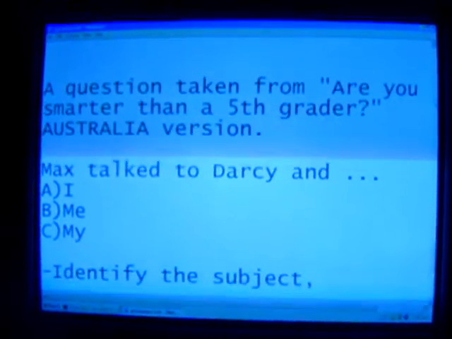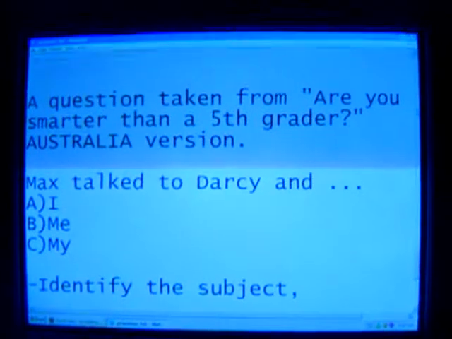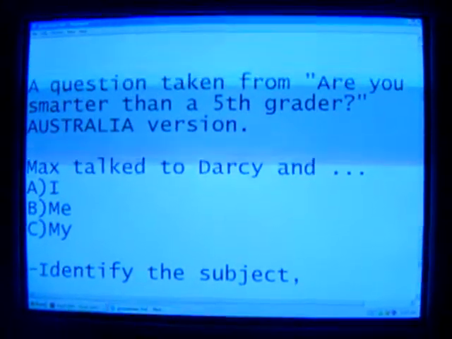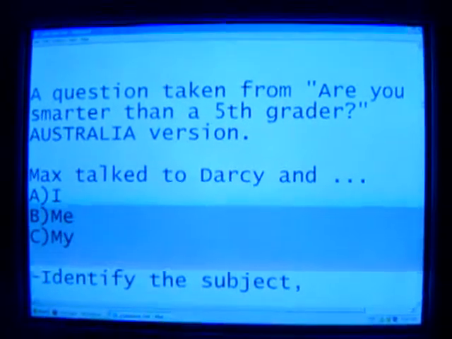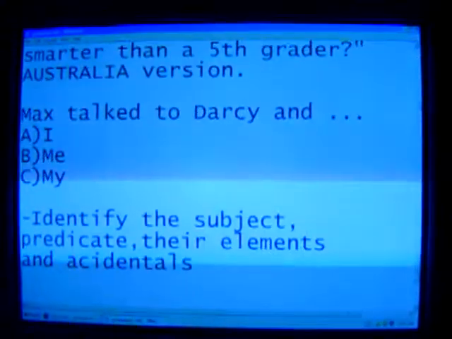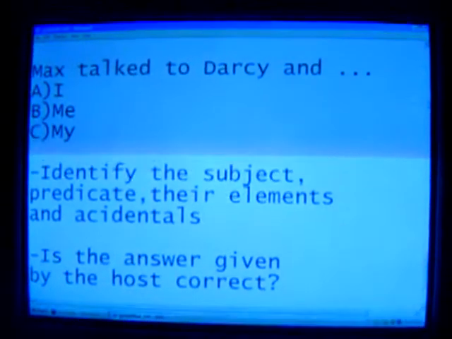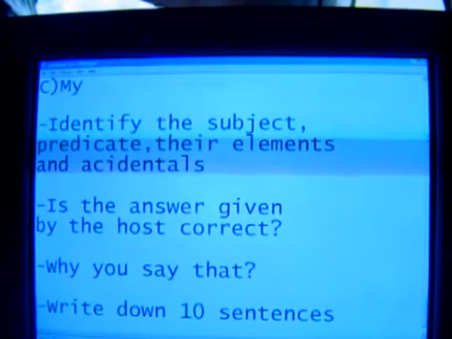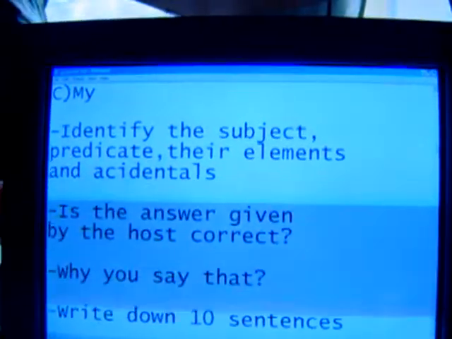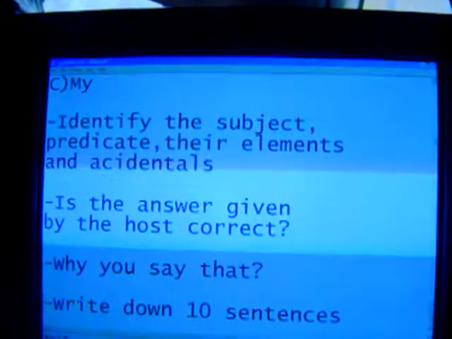The question they asked is: Max talked to Darcy, with the options I, me, and my. The following tasks I require, aside from solving this question, are: first, identify the subject, predicate, and their elements or accidentals in English, of course.